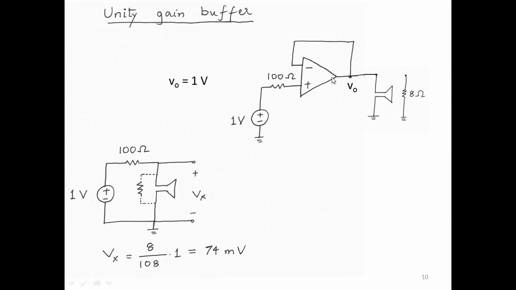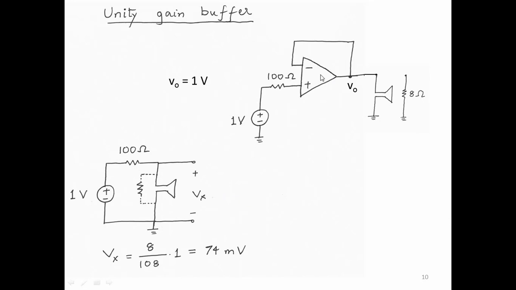So if the op-amp is ideal, then this VO is directly a voltage source, a dependent voltage source. A dependent voltage source connected to an 8 ohm, it doesn't matter what we connect to it, the voltage does not change. And therefore we get a full 1 volt appearing across the speaker, avoiding the loading effect that occurs if we connect it directly.